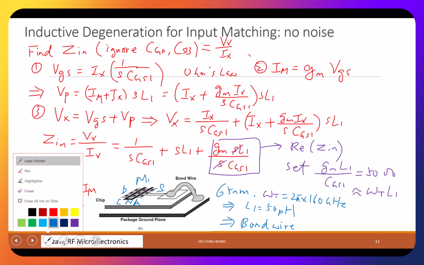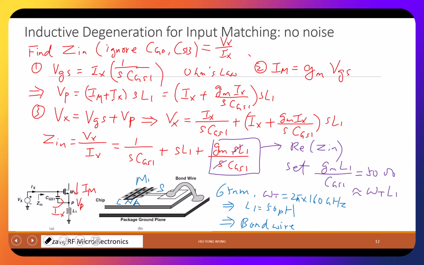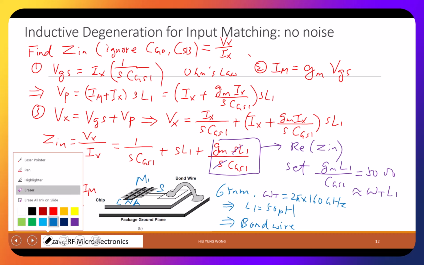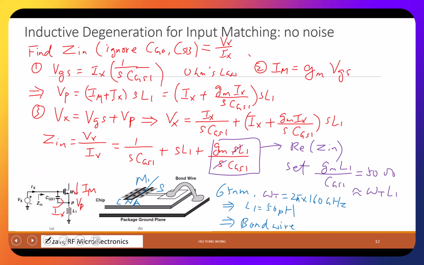The drain, because this is using, what do you call, a finger structure, only the middle is the drain. The outside is also the source, right? But the point is that at the source, we don't create any inductor. We just put it to a bond wire, and this is the ground.